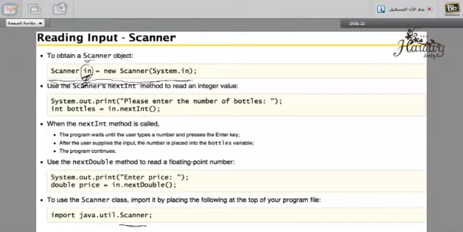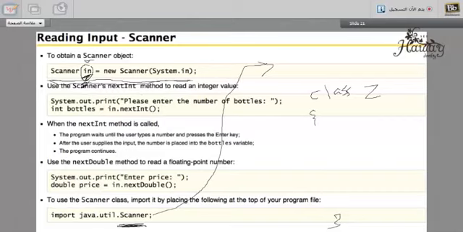So we cannot come straight away and call this, because we have not got Scanner yet in our project. You need to import this from the library to your project. So before you start your class, let's say you have a class Z, before you create your class Z, you have to write this statement above.